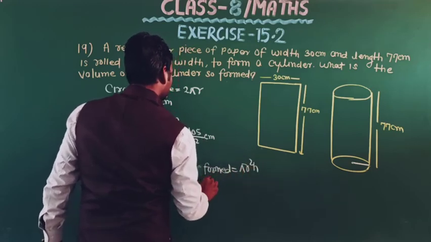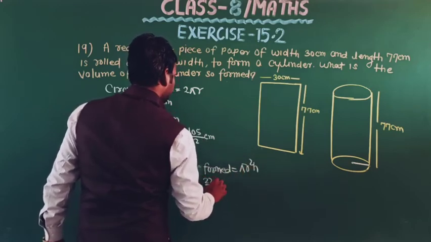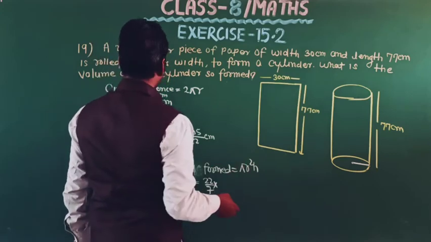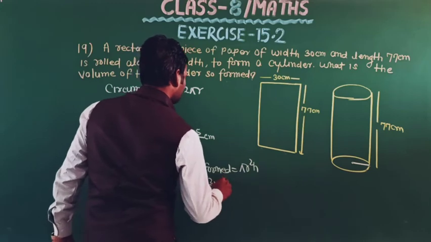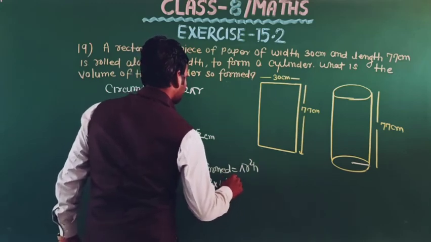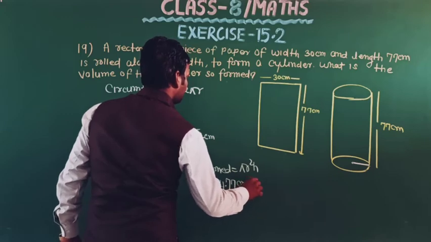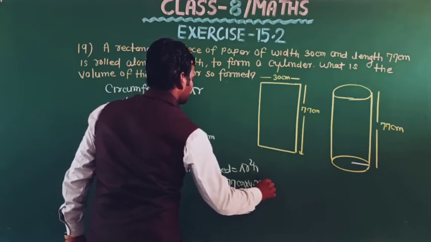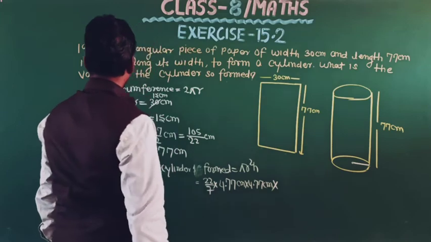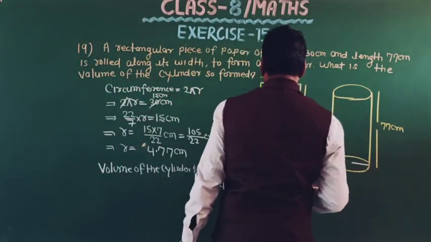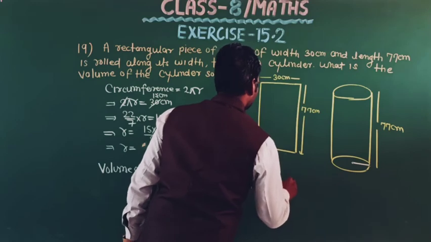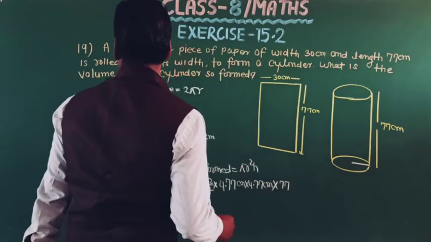So this is 22 by 7 into the radius, small r, which is 4.77 centimeter, into 4.77 centimeter, into the height, which is 77 centimeter.